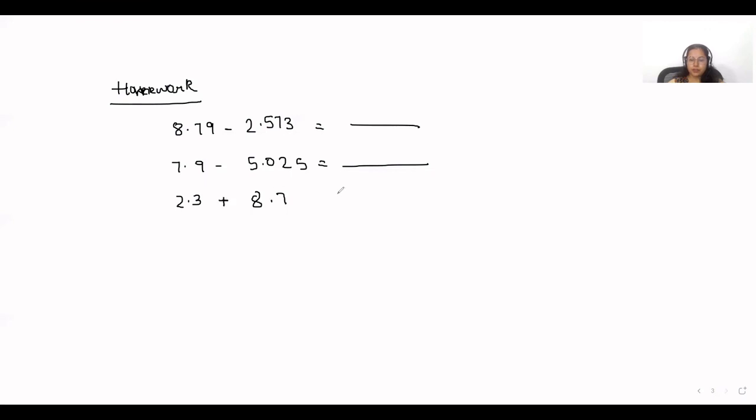Sorry, it's an addition. And 2.006 with 1.687. So you can solve these questions, practice them and comment your answers.